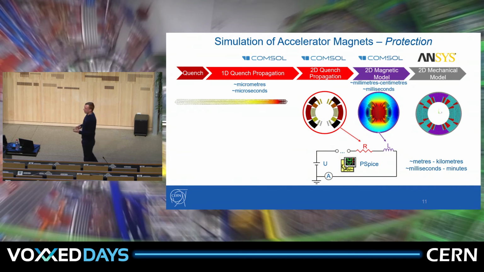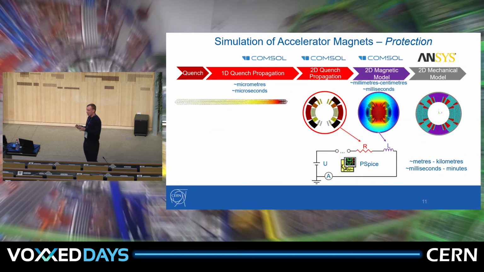And now comes a big challenge of our group, because here we have distributed models, so that resistance is distributed over the surface. Whereas for a circuit, the resistance is one parameter. It can be 5 ohms, 10 ohms, or 1 milliohm.